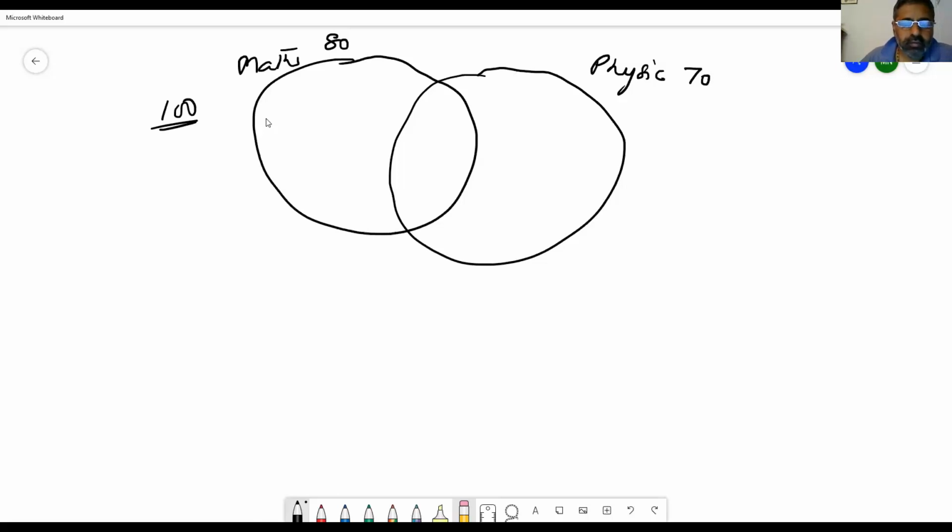Number of A plus number of B minus number of A intersection B, this becomes 50. So this becomes 30 and this becomes 20. This is something which we know. That is because we have taken that all the 100 people in the class like either maths or physics.